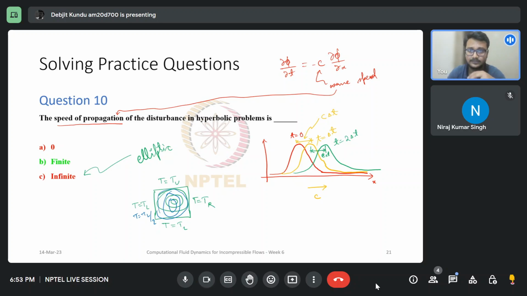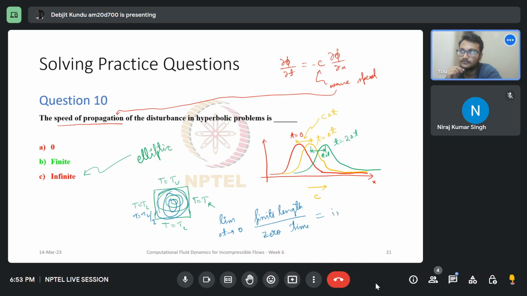So what does that mean? The disturbance which I caused has traveled to all locations instantaneously. So the limit delta t actually tends to 0 over there. Within a snap of a finger, the disturbance spread over the entire domain, which is of some finite length. So some finite length divided by 0 time means what?